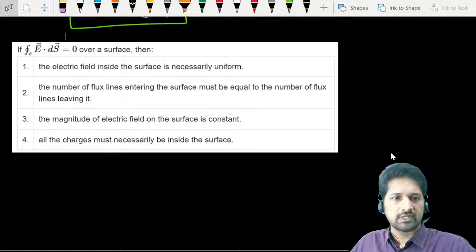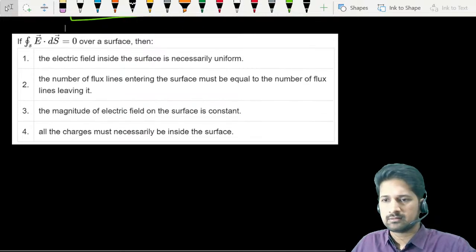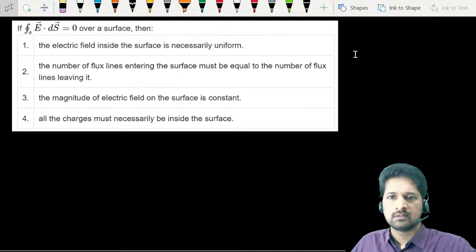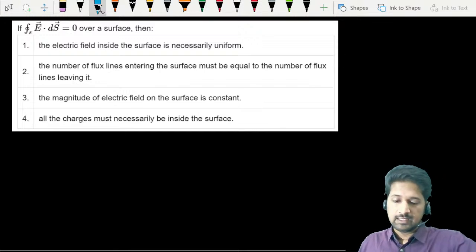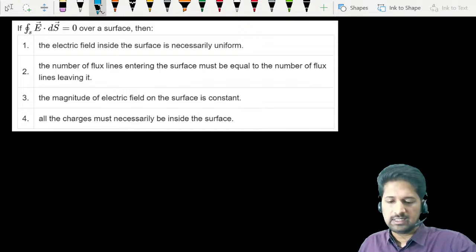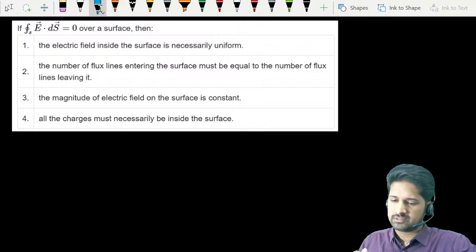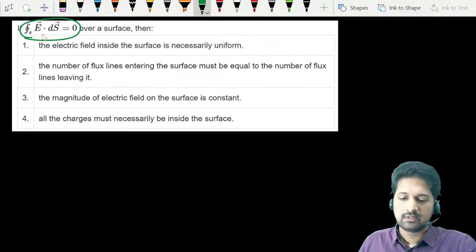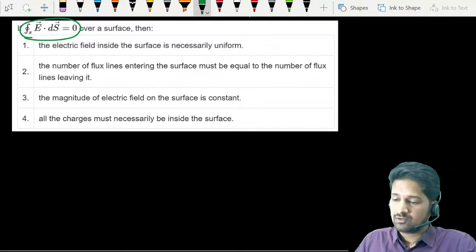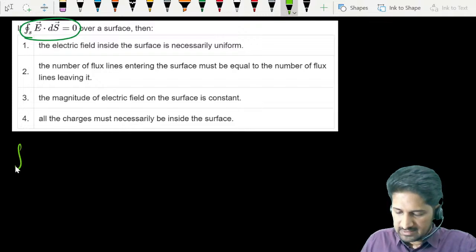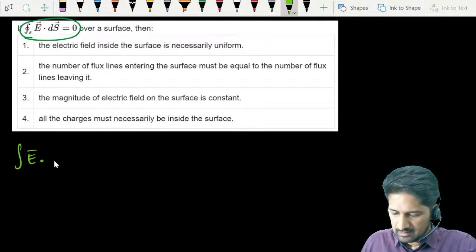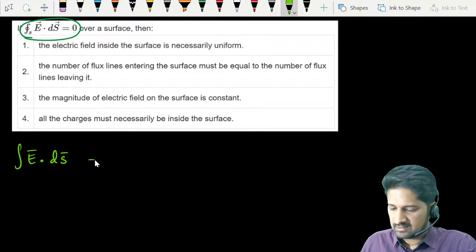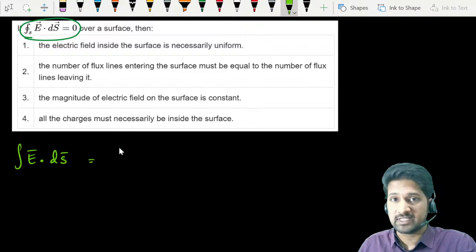Moving on to the next question. If closed integral E dot ds is equal to 0 over a surface. Fine. Now closed integral E dot ds is equal to 0. What does this indicate, or what does this mean? Basically, integral E dot ds is the electric flux passing through a surface.